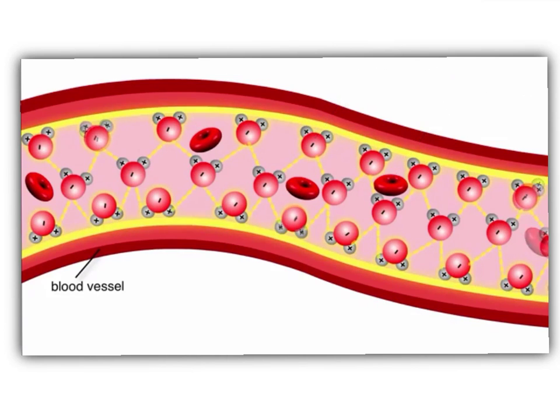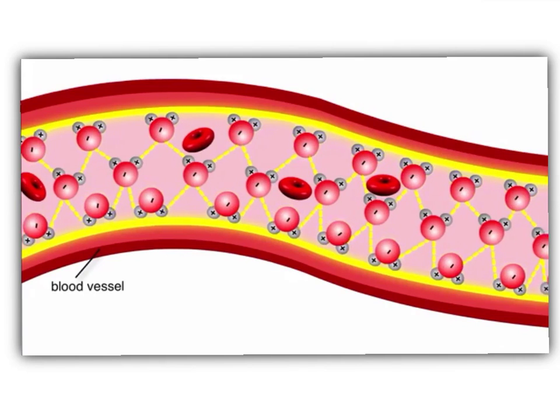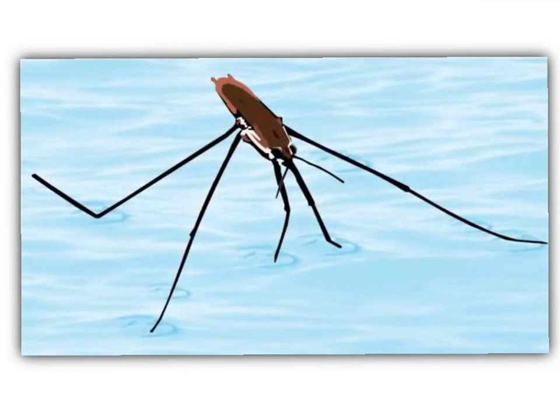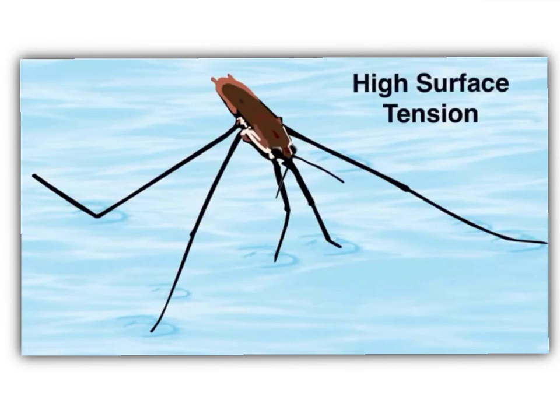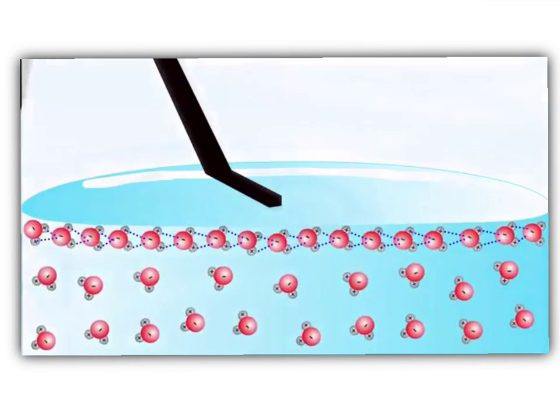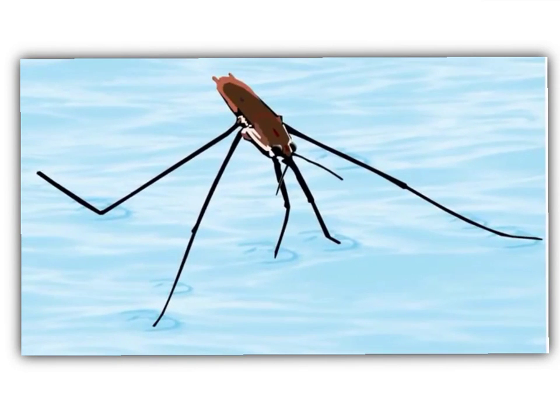Because of these cohesive and adhesive properties, water allows for the efficient transport of nutrients and waste within an organism. Water also has a high level of surface tension. Because water molecules at the surface are more strongly attracted to each other than to the air above, water molecules cling tightly to each other. The surface tension of water explains why it beads up on waxy surfaces and why water-striding insects are able to walk on the surface of water.